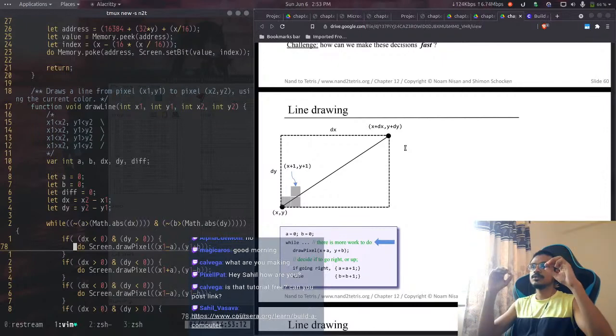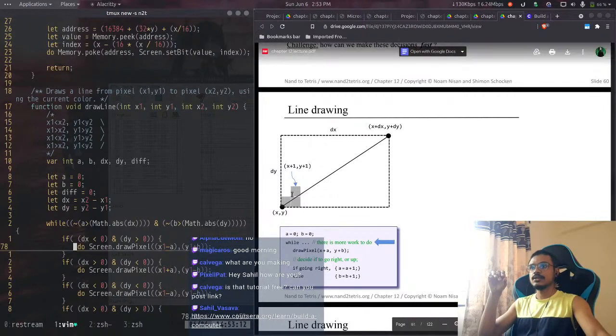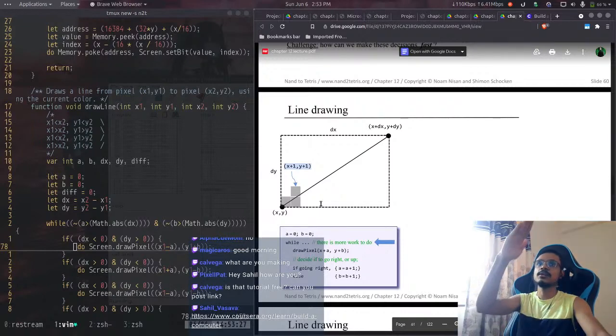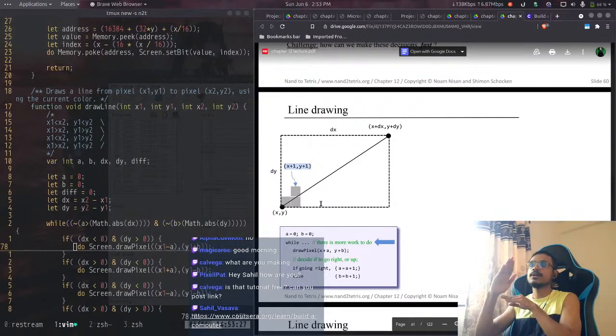And a and b is where exactly we have to draw a pixel. So in this case, a will be +1, b will be +1. But not really, because y should be -1 in this case, because we are drawing a line in this direction where the y is decreasing.